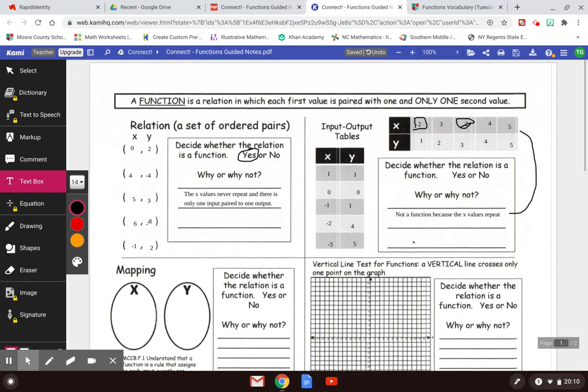All right, so let's look at this one now. I have 1, 0, -1, -2, and -3.